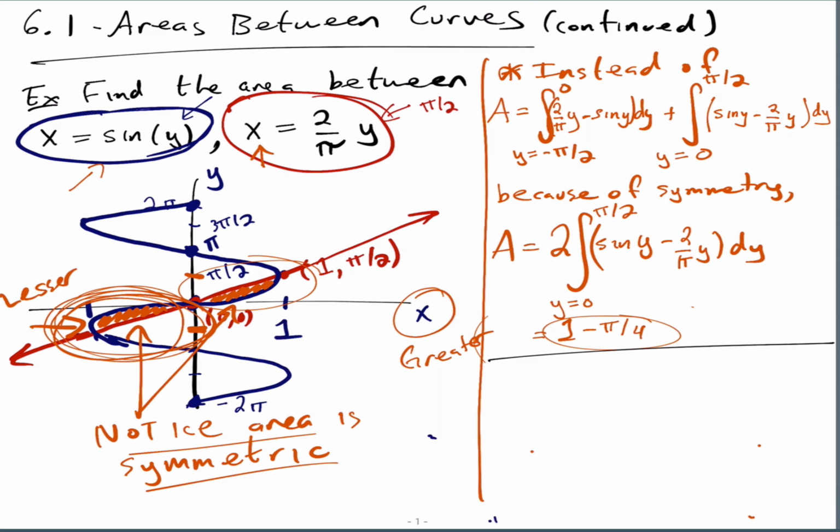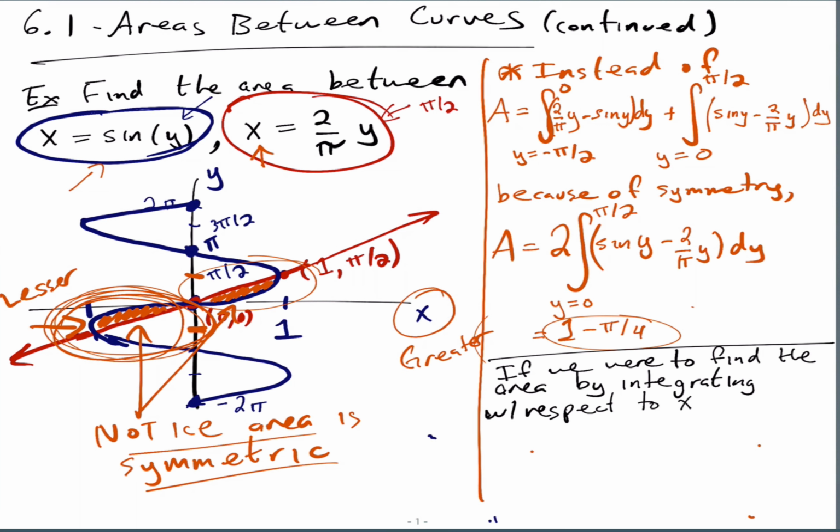So, for example, this one, if we were to find the area by integrating with respect to x, what would it look like? So we're not going to actually evaluate it, but what would be the integral?